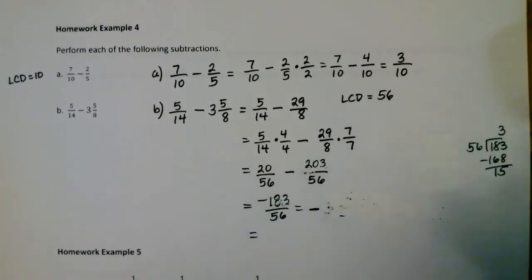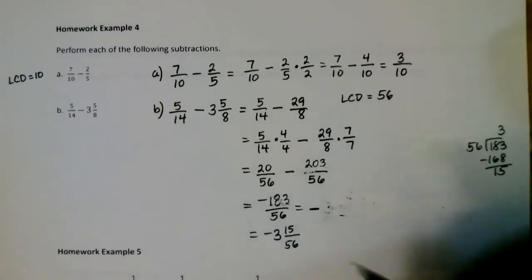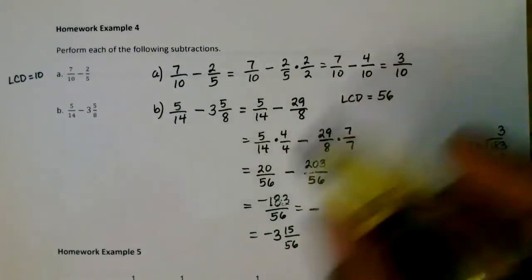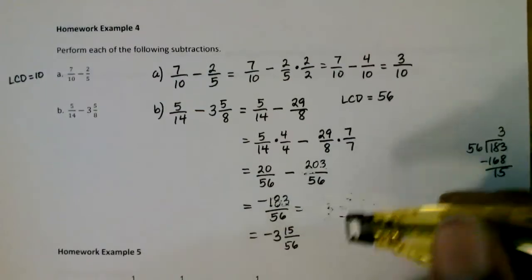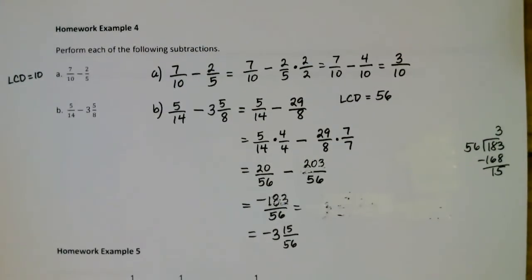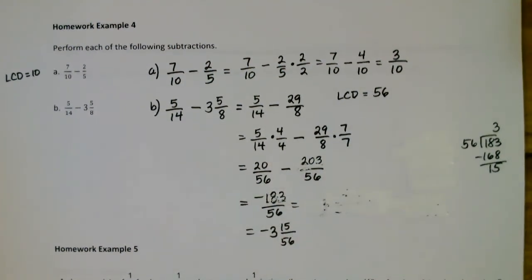So this would be negative 3 and 15 over 56. Okay. I apologize for that correction. It was way up here that I made the mistake.